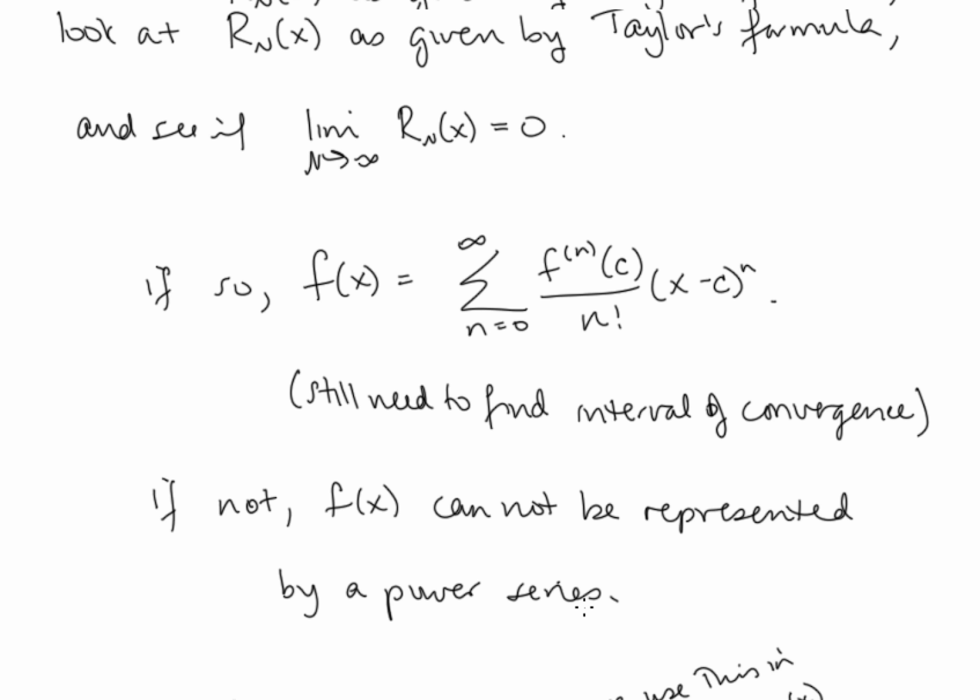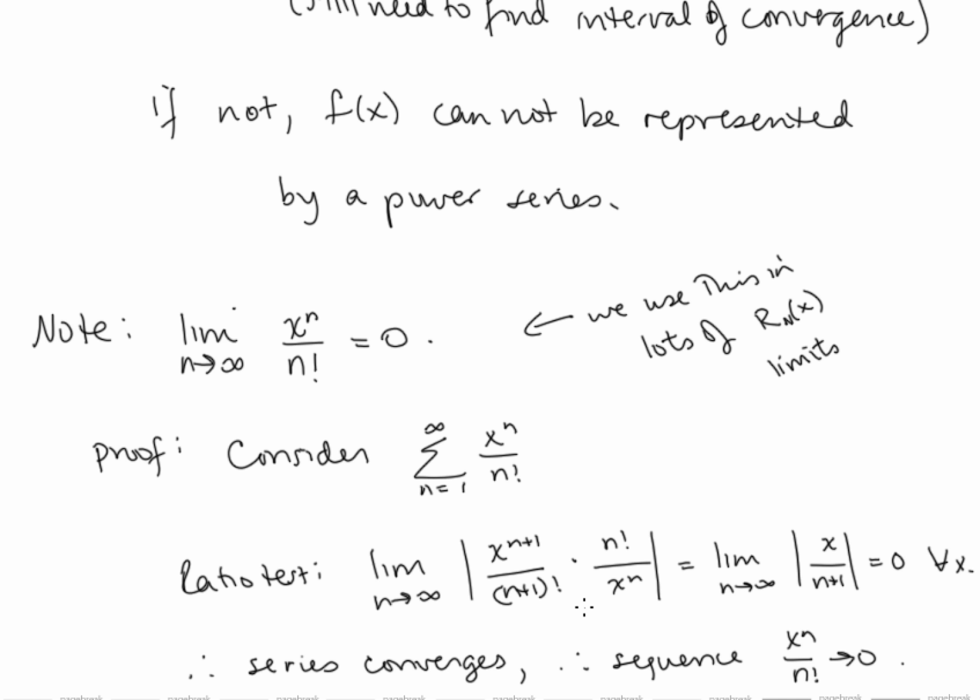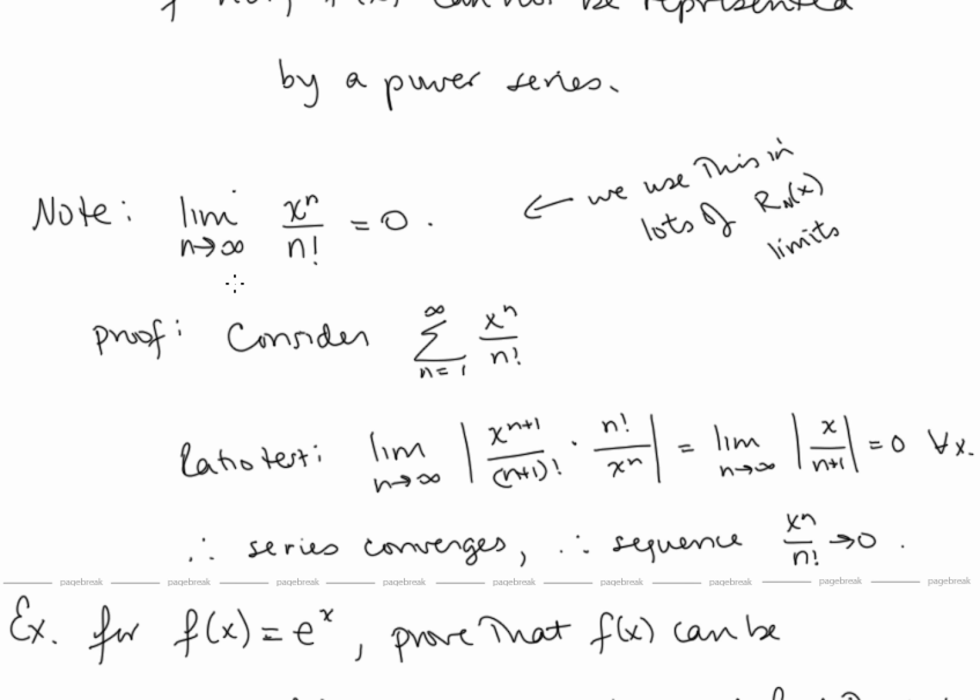Before we take a look at our first example, let's take a look at this common limit that comes up when taking the limit of our remainder terms r sub n. Let's take a look at the limit as n goes to infinity of x to the nth power over n factorial, and let's show that this limit is equal to 0.